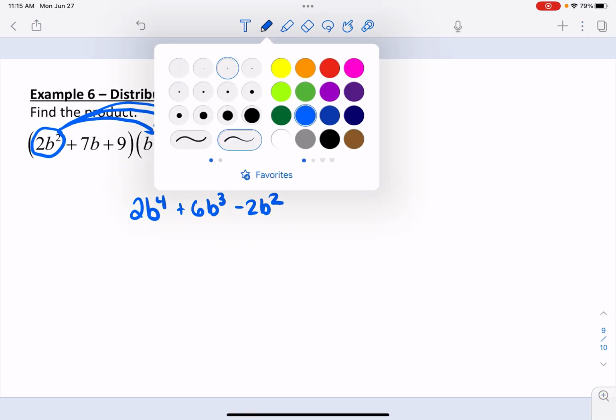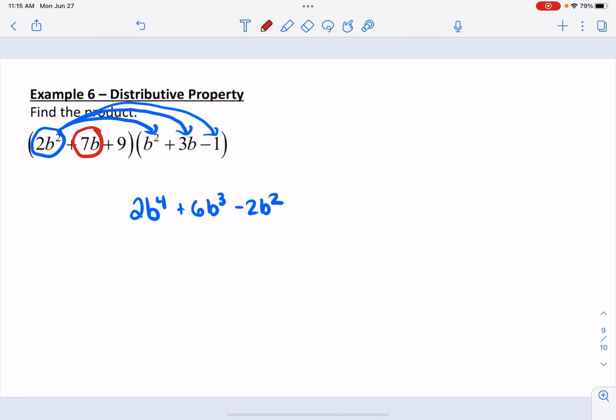Now I take the next term, this 7b, and I multiply it through. 7b times b squared is a plus 7b to the third. Now 7b times 3b, that is a 21b squared. And 7b times a negative 1, negative 7b.